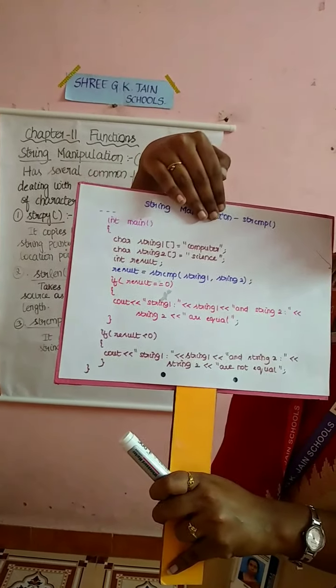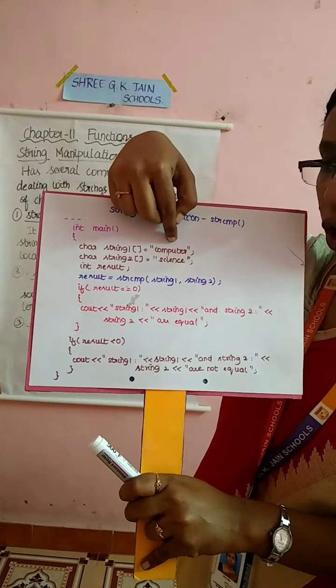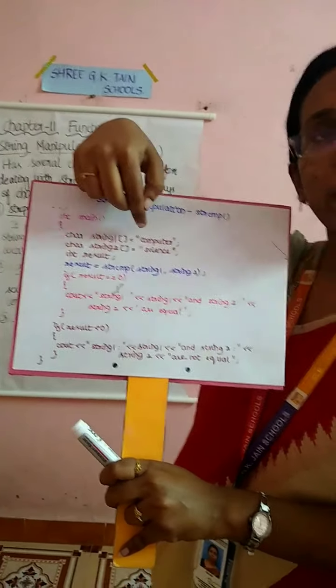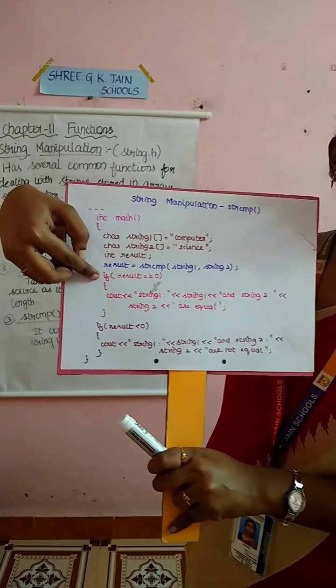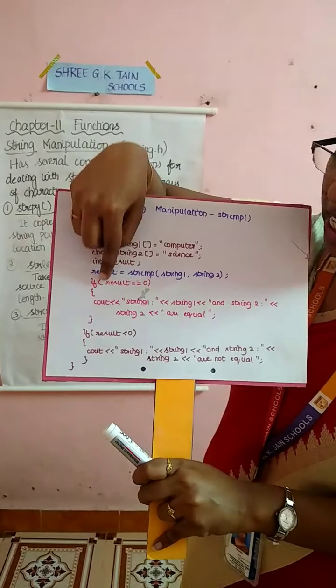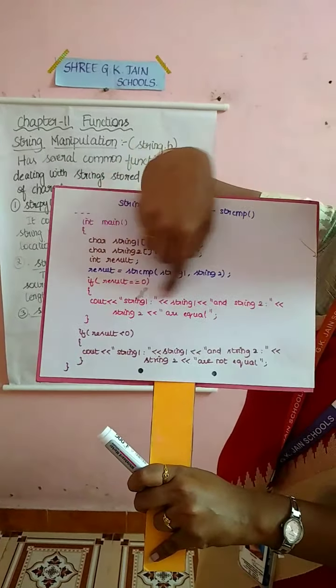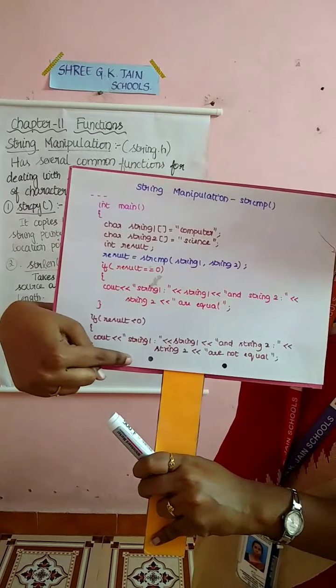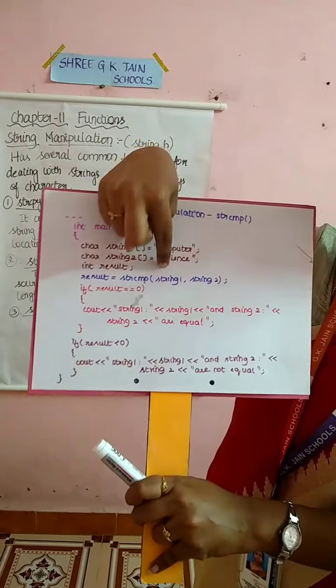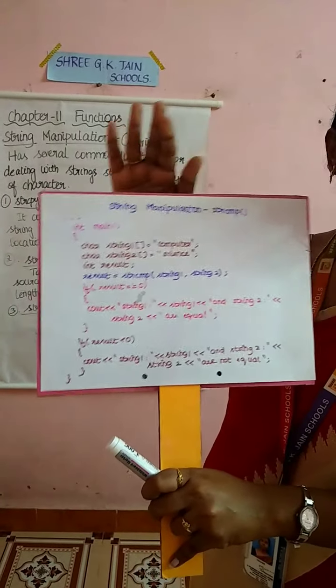If it is the same, for example, if here also computer and here also computer, then this if statement will be executed, and the output will be equal. If the other is executed, then the output will be not equal, because the two strings you have taken are not equal.